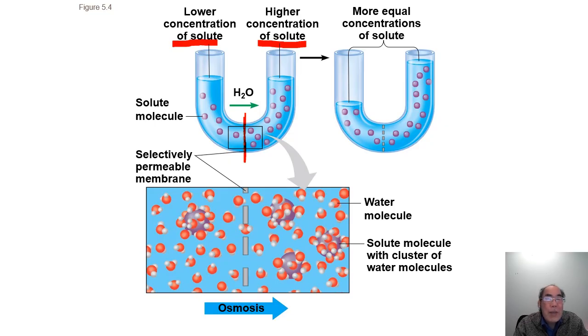What will happen is water will move through the membrane from low concentration to high concentration, and it will keep moving until the concentration is equal on both sides of the membrane. So the level of liquid on the left side of the tube will drop, whereas the level of liquid on the right side of the tube will rise. Okay.